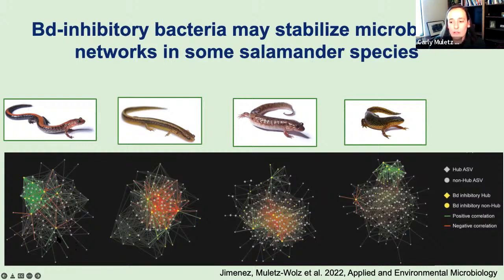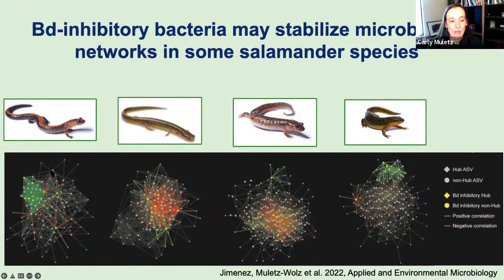Now, these networks are color-coded by bacteria that are BD inhibitory, which we found from cultures. These are yellow if they are hub taxa, taxa that are very tightly related to lots of bacteria in the network, or non-hubs, such as a dot here, which are related to some but not central to the network. Okay, so that's what we're looking at here, and then we can look at these across salamander species.